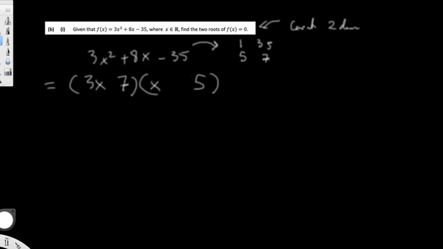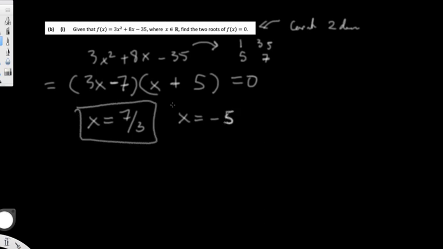So 3 times 5 will be 15, and then that'll be 7, and 15 minus 7 will give us an 8. So if I say this is the plus and this is the minus, then I've got minus 7 by plus 5 will be minus 35, and 15 minus 7 will be the plus 8, okay? And that's equal to 0, so this gives me x is equal to 7 over 3, or x is equal to minus 5. Okay, so that's that one answered there.